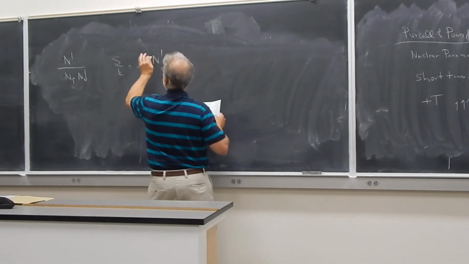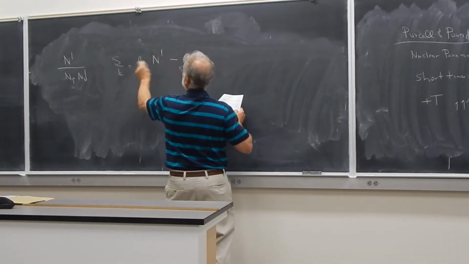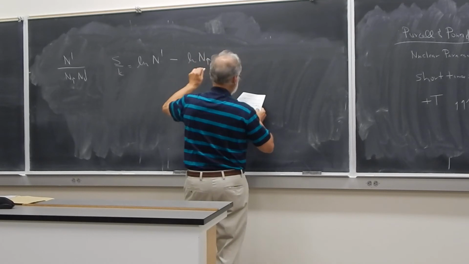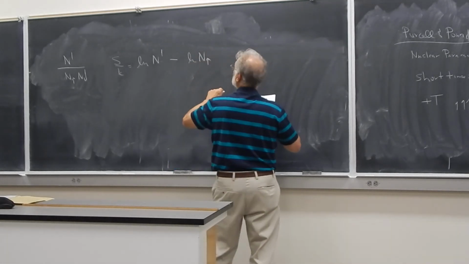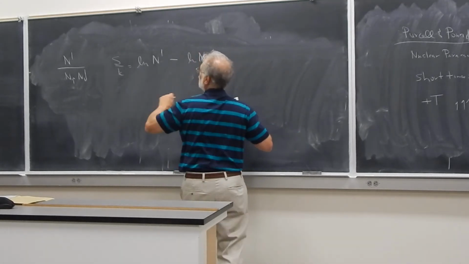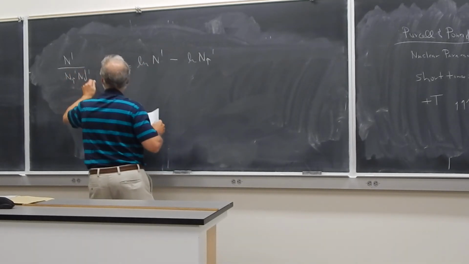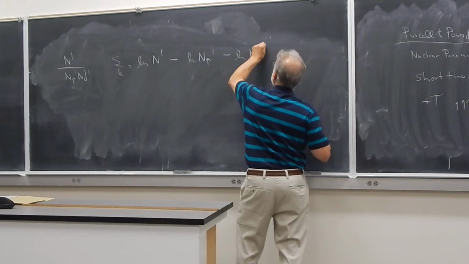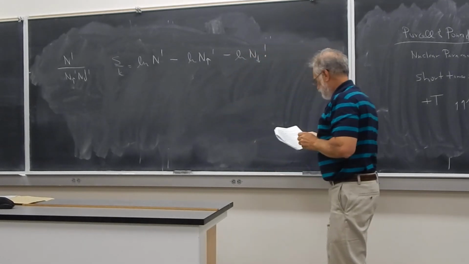So that's going to be log of N factorial minus the log of the number of up spins factorial, minus the log of the number of down spins factorial.